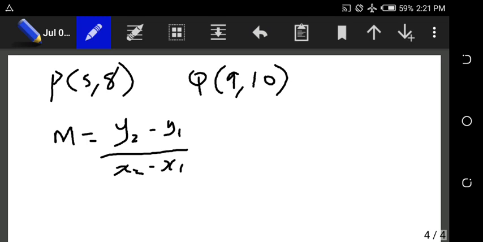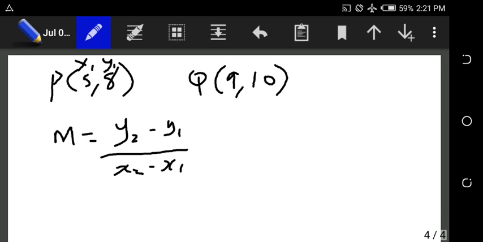But now you have 2 points given, P and Q, each of them having an x and a y. So that is why you have to label the first one: we'll label this one x1, and here y1.